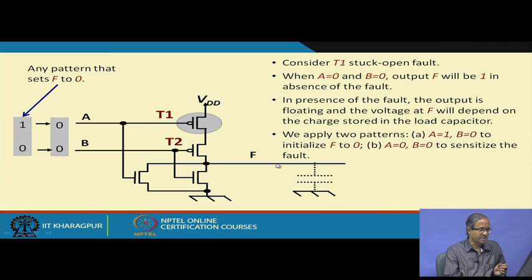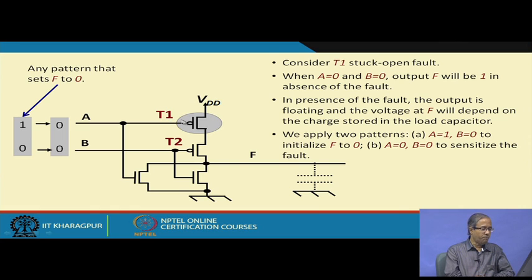I told earlier that whenever a gate is driving another gate, the gate capacitance that this line is facing is quite significant, and it is that load capacitance I am showing here. Normally for a CMOS circuit, every line will be driving 2 transistors, one PMOS and one NMOS, like A here is driving 2 transistors. So, this is the equivalent capacitance. Now, let us think of a fault in transistor T1 stuck open.